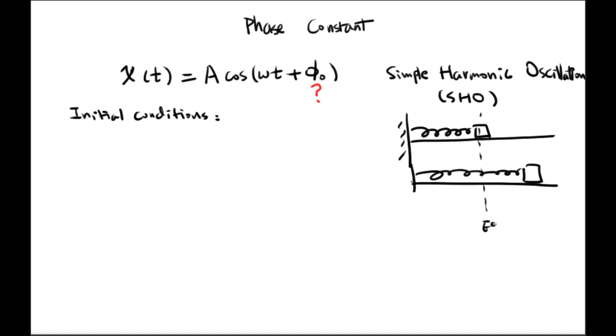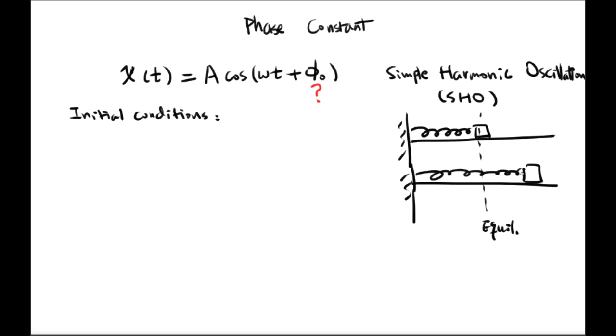So that's the equilibrium position. But let's ask the question: when do we start timing this oscillation? When this object is released, you can start counting time right away. And that will give you a phi naught value.